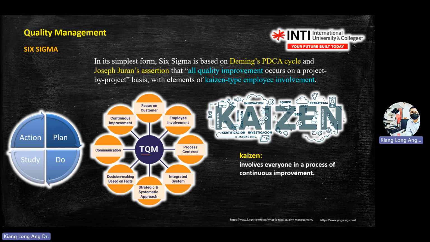This is the PDCA, Deming PDCA cycle. What is P? Planning, plan. D is do. This is the PDCA cycle. Plan, do, study, or what is it? Forget already. Act or something. Okay.